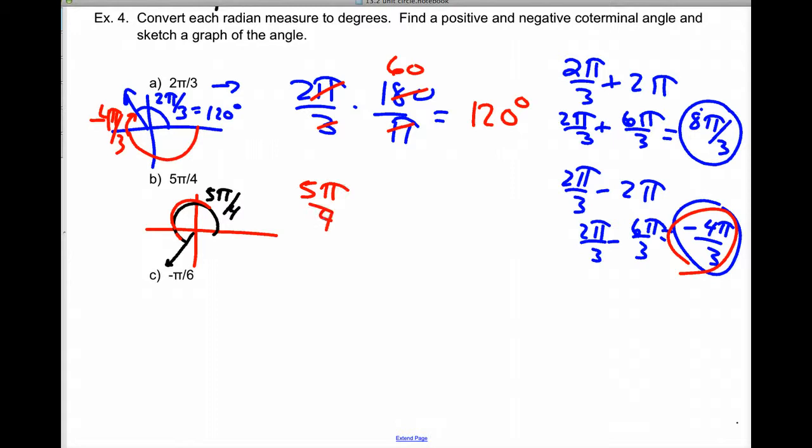5 pi over 4 times 180 over pi. That gets my pi's to cancel. 180 divided by 4 is 45. And 5 times 45 is 225. So this is the same as 225 degrees.